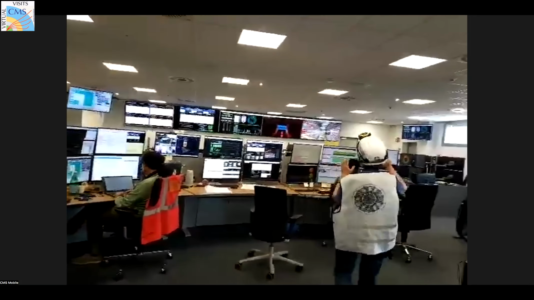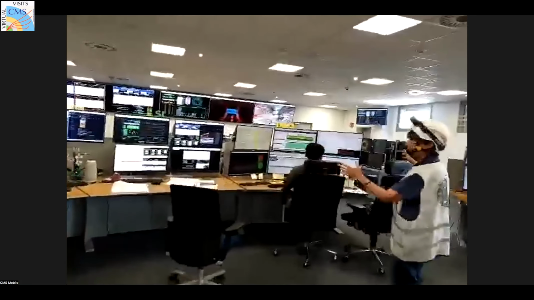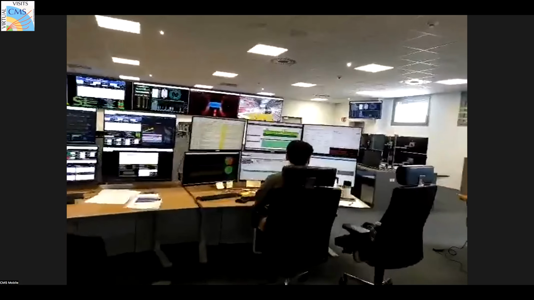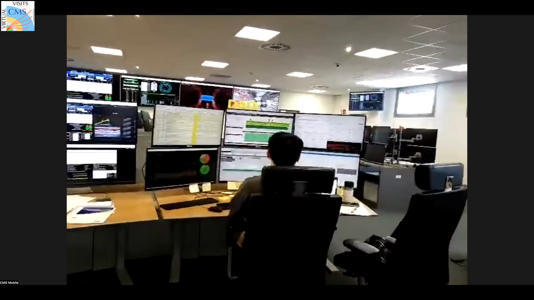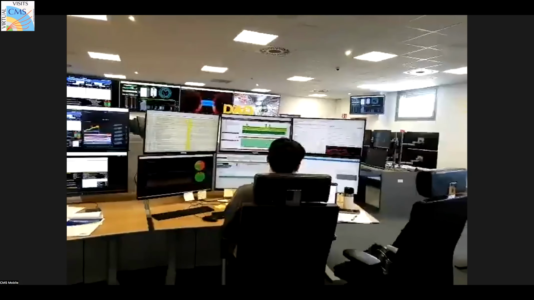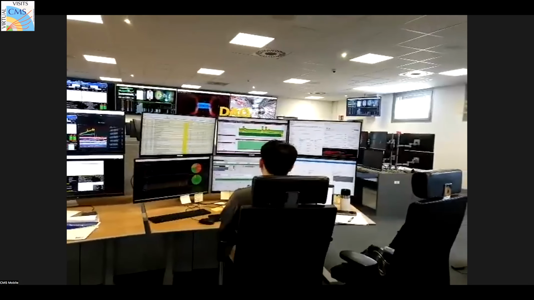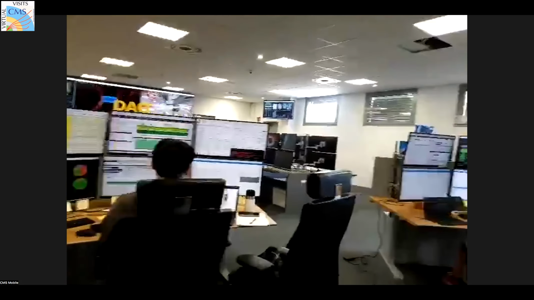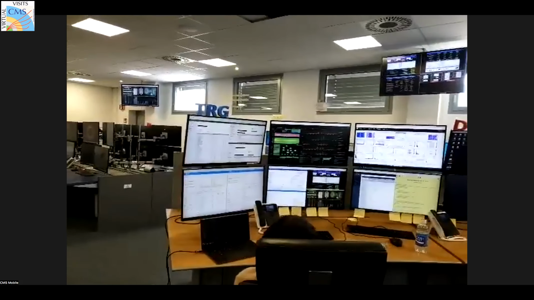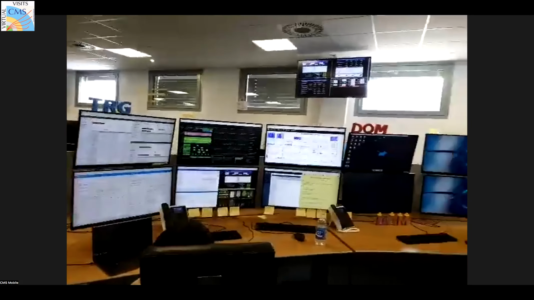And then here we have the data acquisition corner, which checks that we get data in a good way. And here we have the corner of the trigger. I don't know if you had the chance to know. Okay, I will leave you to say something maybe about the trigger.